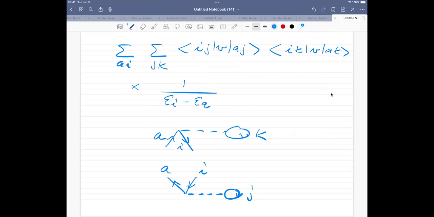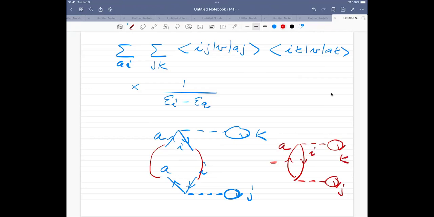Then we join these two pieces, this one with that one, and that becomes, as a diagram, a one particle, one hole type of excitation. The interpretation which we give to this is that of a one particle, one hole excitation, but where this excitation sees a correction from the mean field.